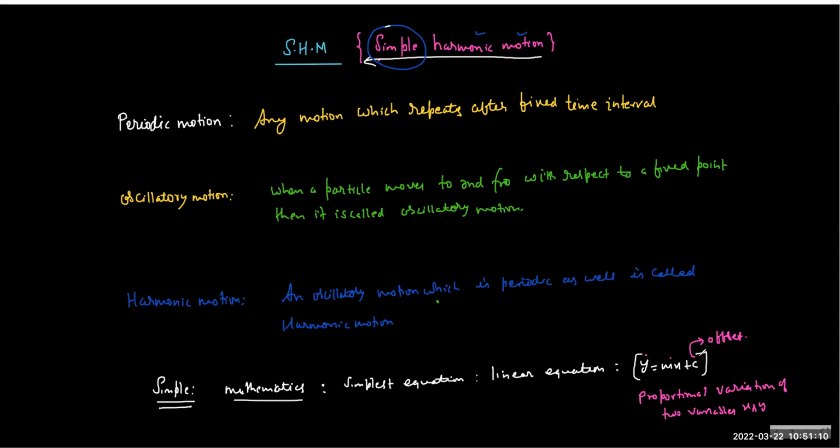Next year the price became 6 rupees, then 7, then 8. So the increment every year is just 1 rupee. So there is a linear or proportional increment of the price, but with an offset.